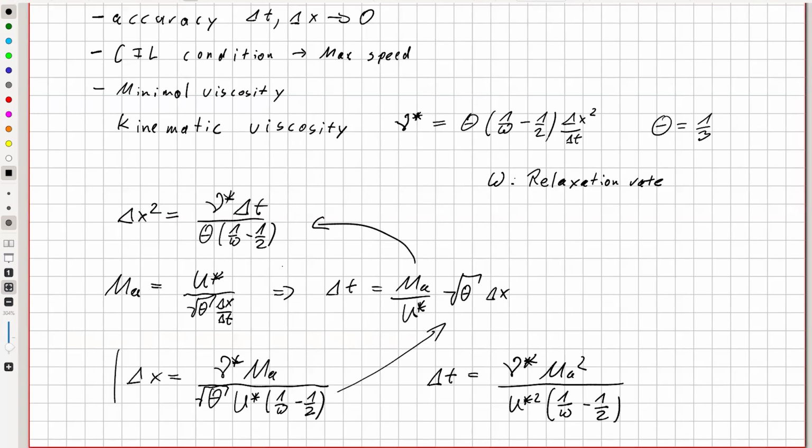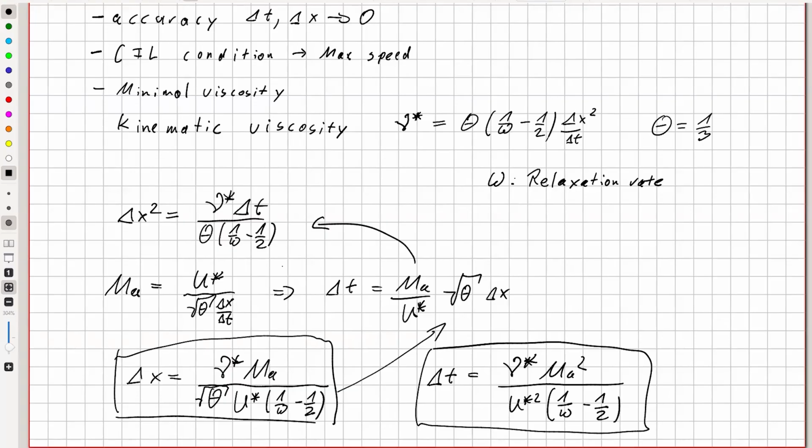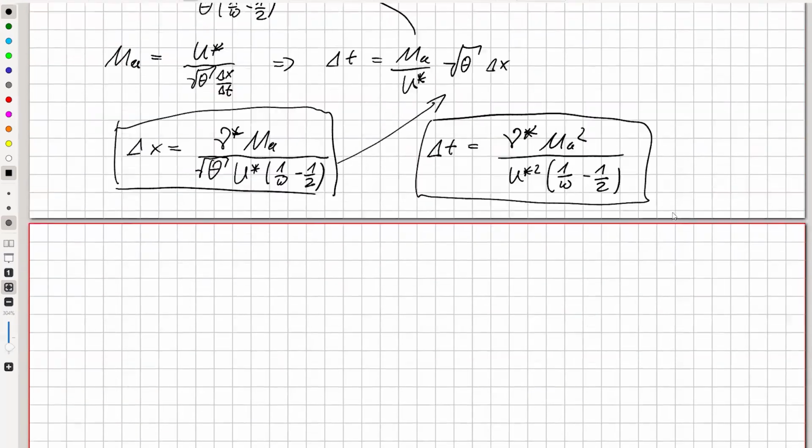So now we can express the grid spacing and the time step in relation to what viscosity we have, what Mach number we have, what omega we are using. And this we now want to use in order to see our computational cost.